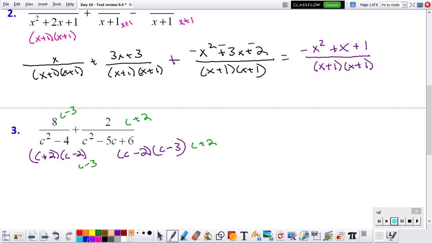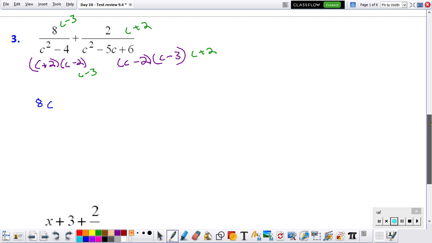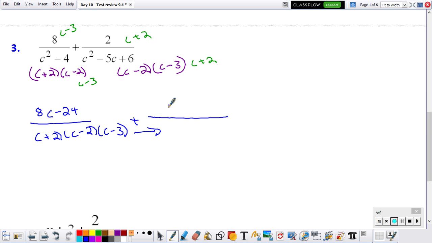Okay, I'm too lazy to keep writing this, so I'm just going to say, now this is going to be 2c plus 4, and when I add that together, I'm going to get 10c minus 20, and immediately I notice I've got 10c minus 20 over c plus 2, c minus 2, c minus 3, so I'm going to factor out the 10 up top, and make it 10 times c minus 2, and then the c minus 2's cancel out, and you're left with a final answer of 10 over c plus 2, c minus 3.